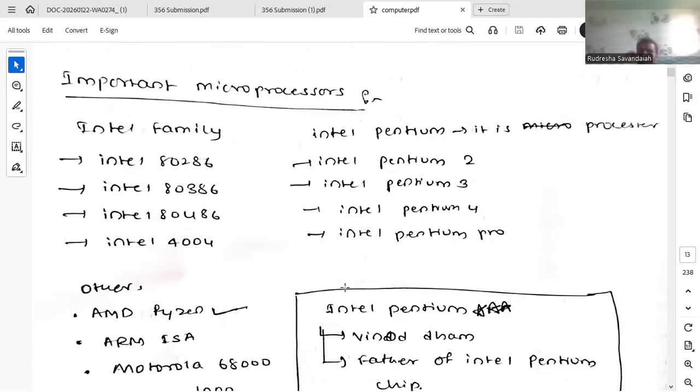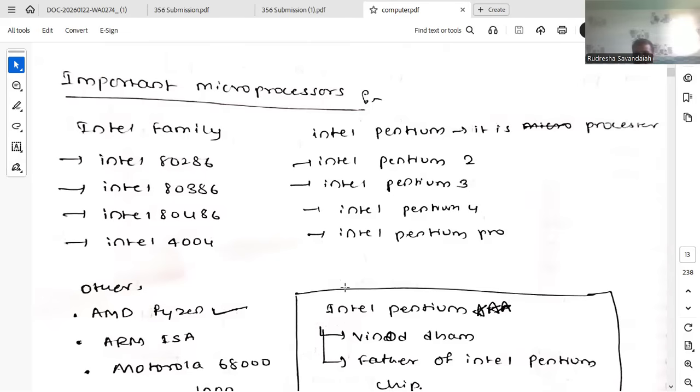Important microprocessors. See here, there are a number of microprocessors. Intel family: Intel 80286, Intel 80386, Intel 80486, Intel 4004, Intel Pentium. Okay, Intel Pentium 1, Pentium 2, Pentium 3, Pentium 4, Pentium Pro.